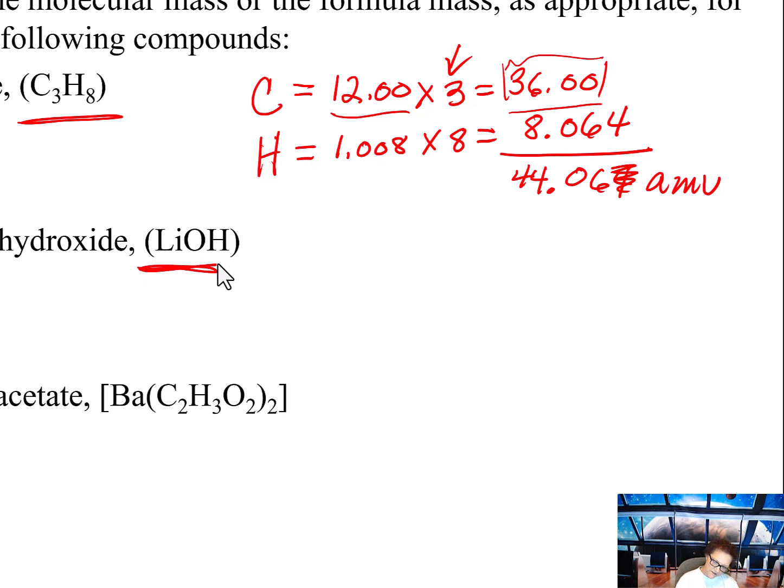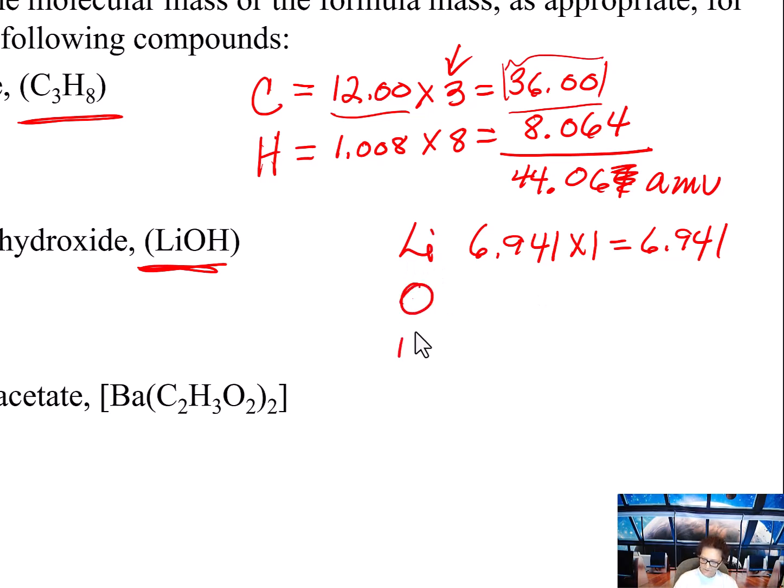Lithium hydroxide is ionic. How do I know that? Remember, because it's got a metal in it. Lithium is a metal, so I'm going to look up lithium. Lithium is 6.941, and there's only one. I've got one oxygen, which we're saying is 16.00, because if you look at the chart, it's 15.99998 or something. So 16 times 1 is 16.